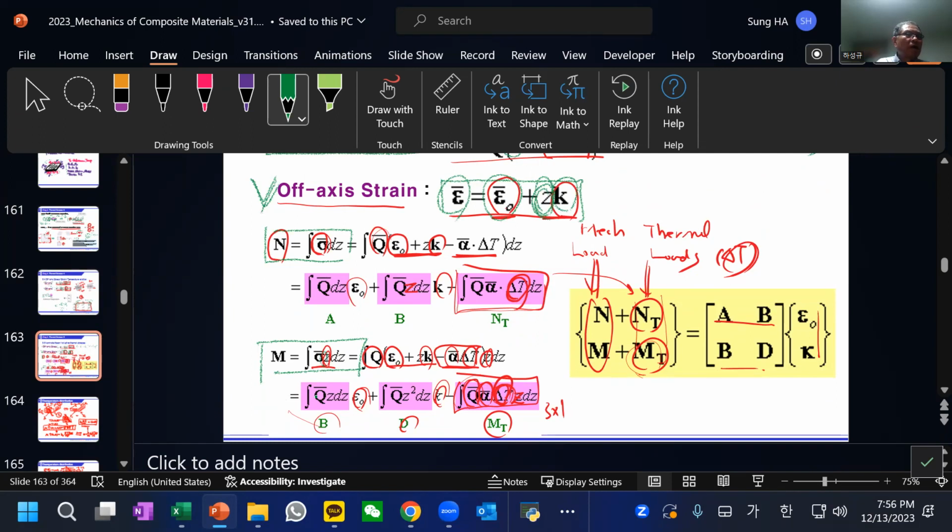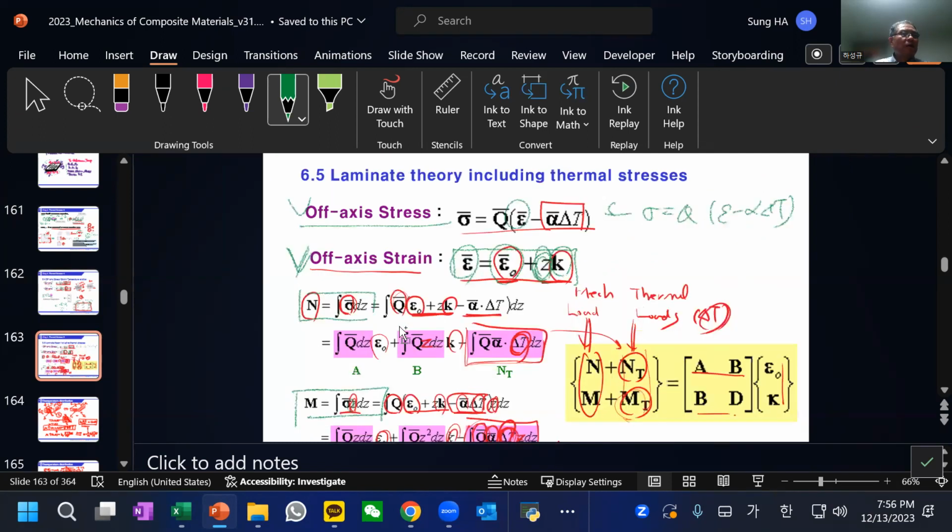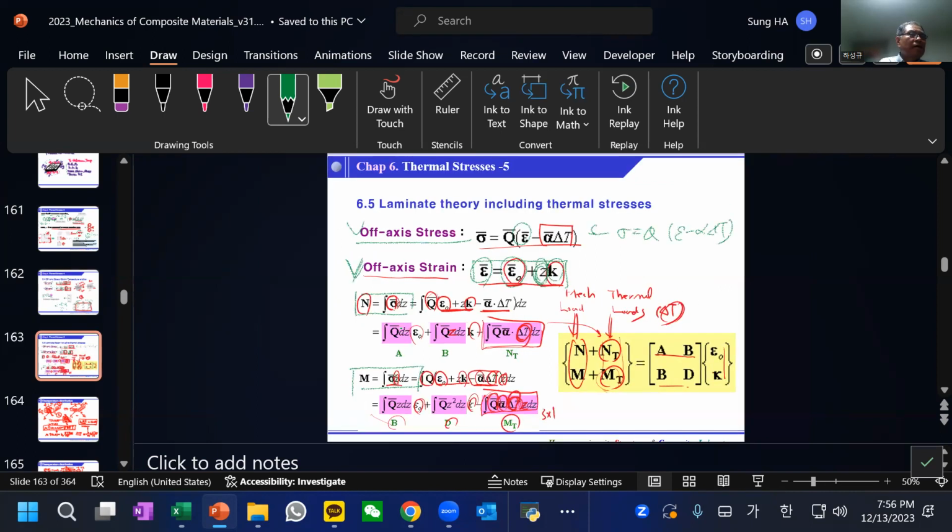I just want to keep emphasizing that this is the one we have to consider. This is the off-axis strain through the thickness, and these are the definitions of the load. Actually, these are all we need to consider in the derivation of classical laminate theory.